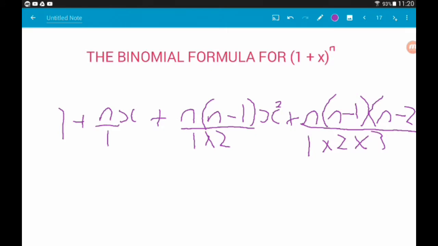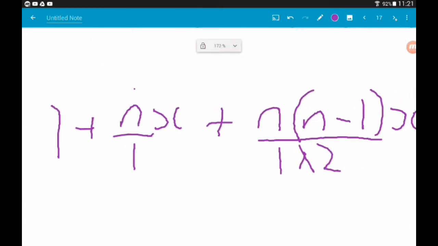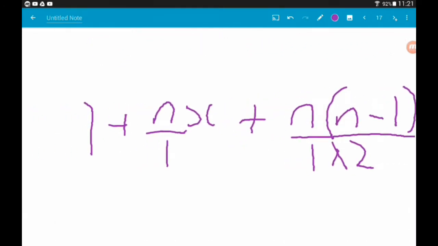Okay, so first up, in its rough form, the binomial formula for the expansion of (1 + x)^n is this guy. Now I'm aware you can't see it all, so we're going to go through term by term. The first term is always 1, always. So that one's nice.